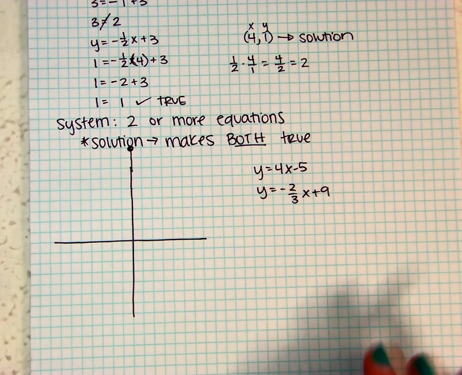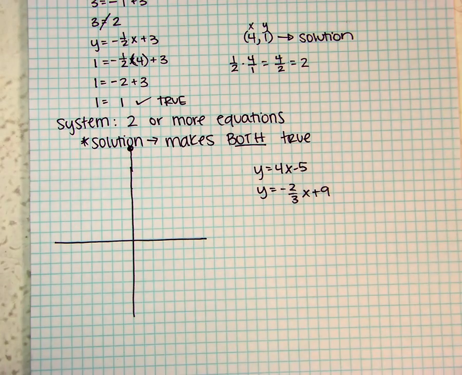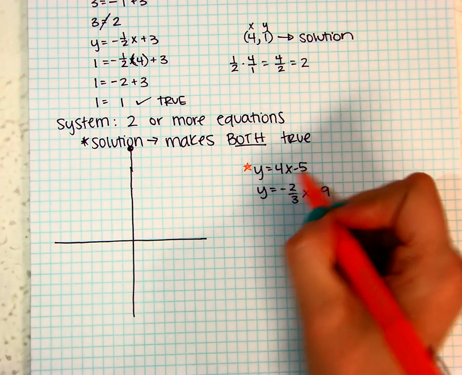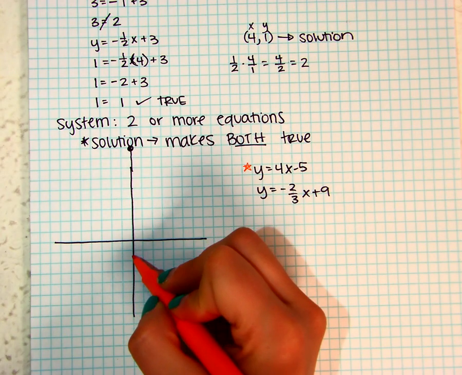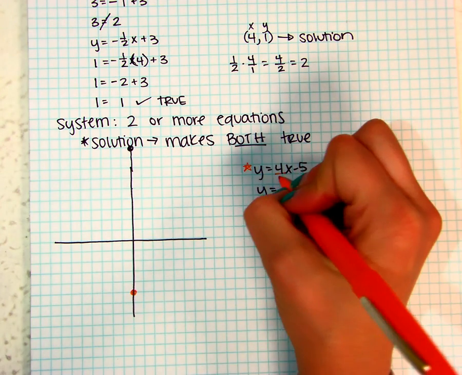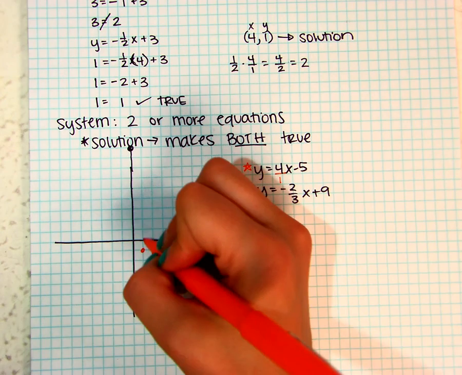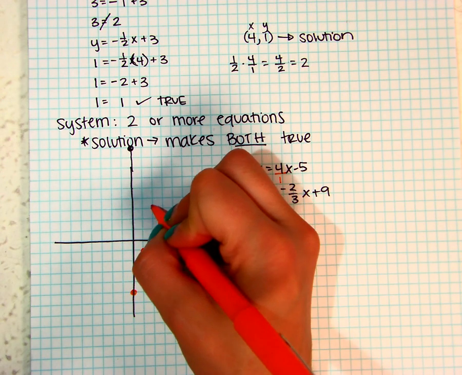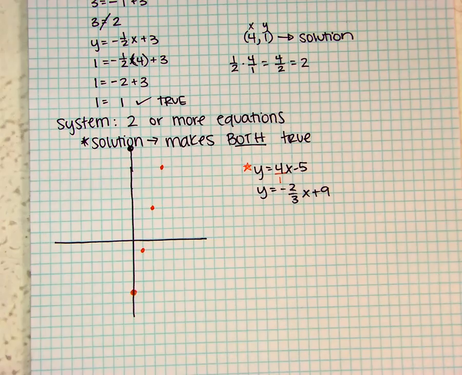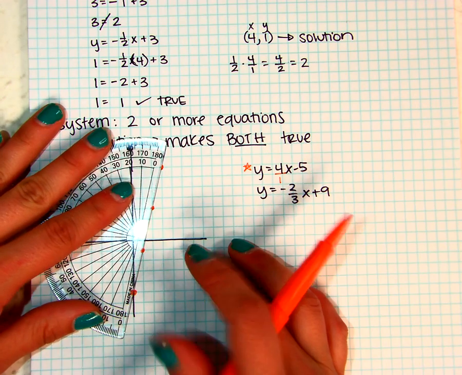Let's do this one in orange. This starts at negative 5 on the y-axis, and it goes up 4, right 1. Up 4, right 1, and it keeps going. This is equal, so it's solid because every point on this line is a solution.